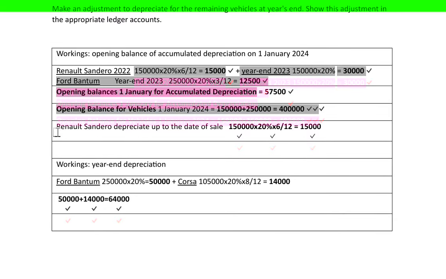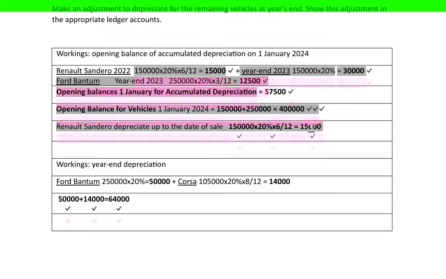So the Renault Sandero, we need to depreciate up until the date of sale. It was sold in June. It's the straight line method. 150,000 times 20%, sold halfway through the year, times 6/12 is equal to 15,000.